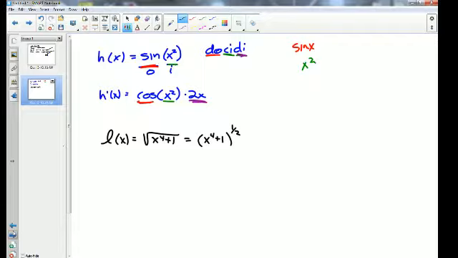To the 1/2 power. Again, identifying outside and inside. Which one's outside? The 1/2 power, yeah, this is our outside function. Our inside is x to the 4th plus 1.